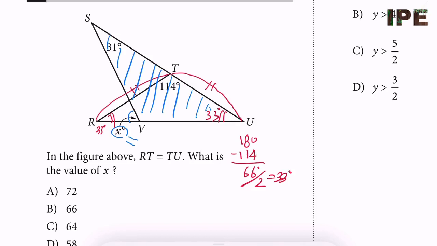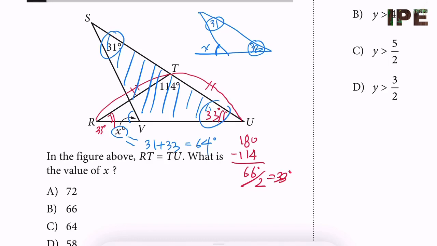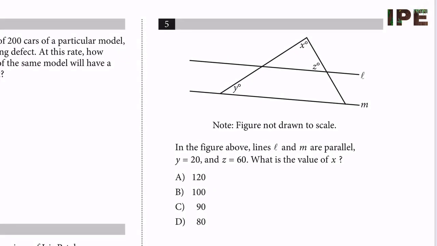So this x is equal to the sum of these two, 31 and 33. So one exterior angle is equal to the sum of these two remote interior angles. So it is 64 degrees. C is the answer.